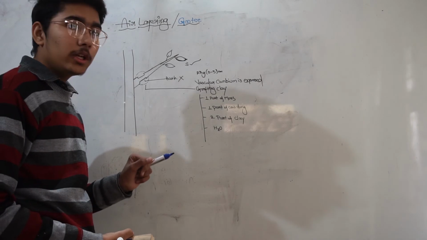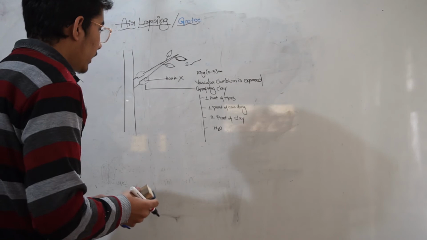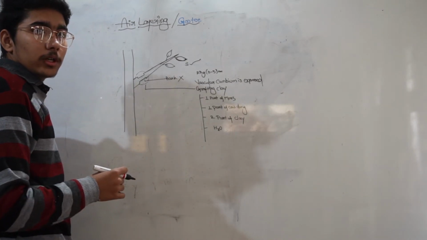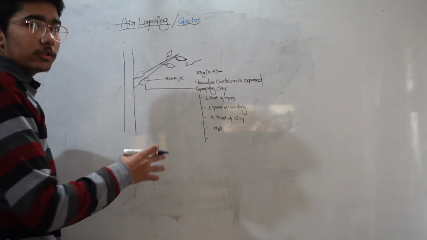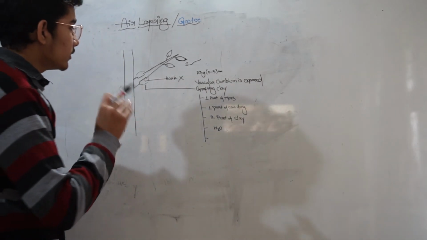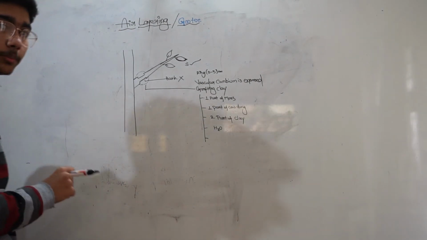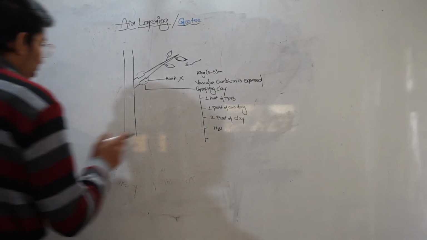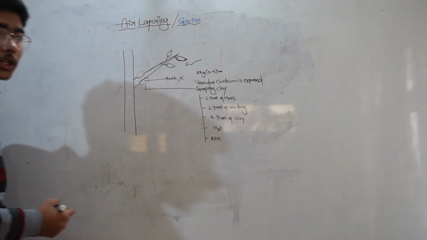So the grafting clay should be composed of water, and a very important part here. Without this part, there is no working of grafting clay, and no use of grafting clay. This is a very important part, the last which I am discussing. RSH. What is RSH?